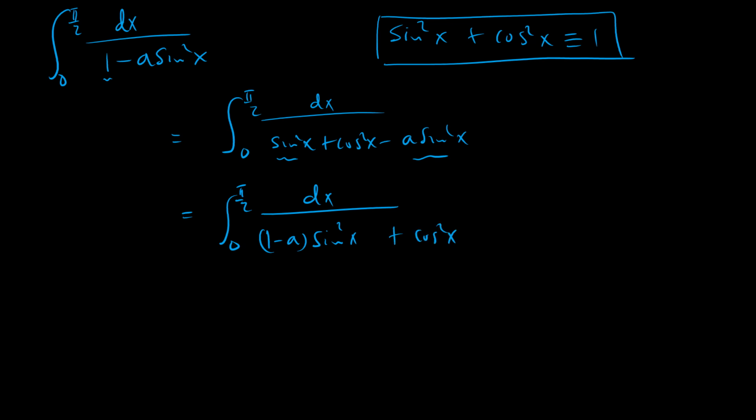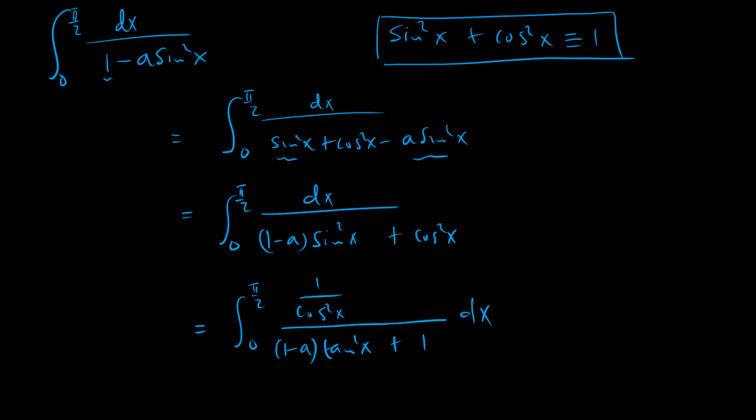And we can divide the numerator and the denominator by cosine squared x, and that leads us to 1 over cosine squared x over 1 minus a tan squared x plus 1, dx.